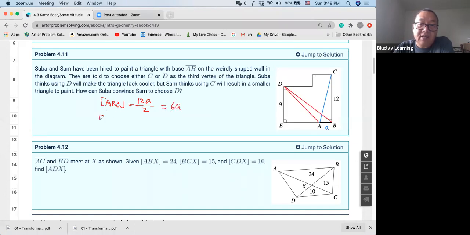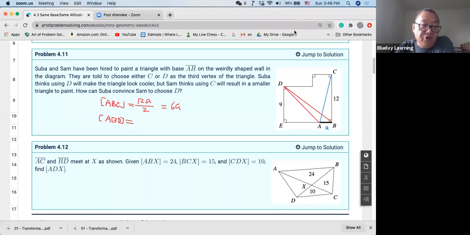Then now let's calculate the area of ABD. This triangle is an obtuse triangle, right? Now, what is the height of this triangle? Everybody tell me, if we can still use AB as a base, then what is the altitude or height of this triangle?